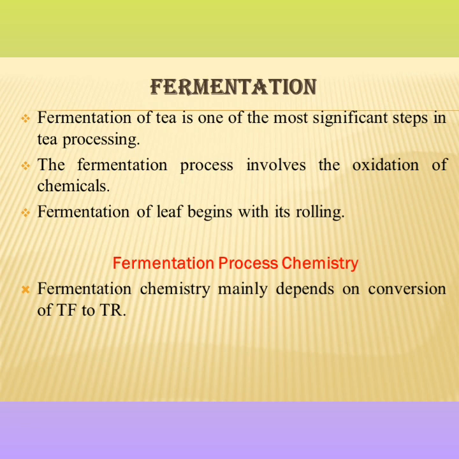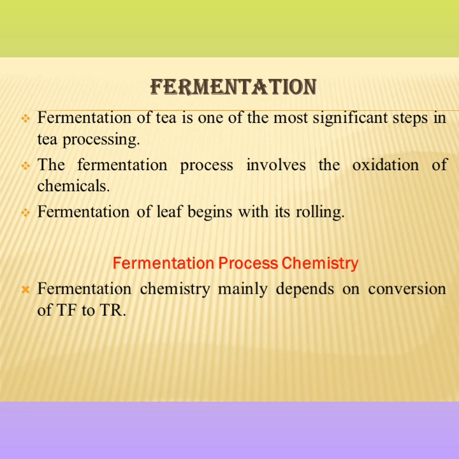Then fermentation of tea is the most significant step in tea processing. The fermentation process involves oxidation of chemicals, and fermentation of leaves begins with its rolling. Fermentation chemistry mainly depends on the conversion of TF to TR. This TF and TR is again a chemistry term. TF is theaflavin and TR is thearubigins.